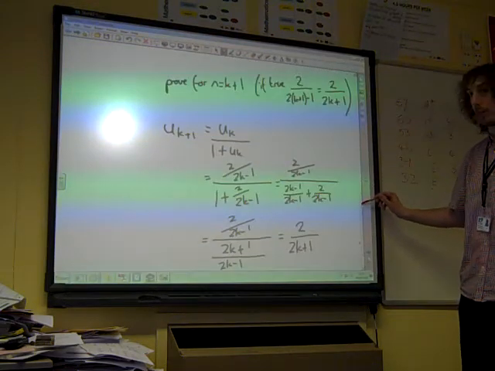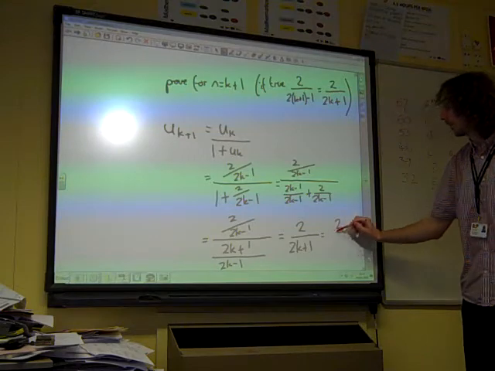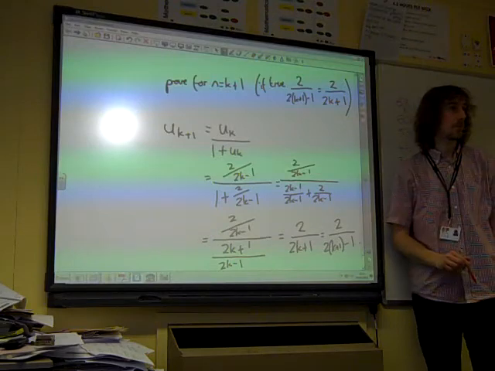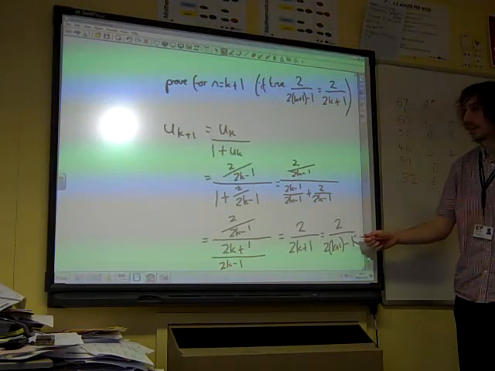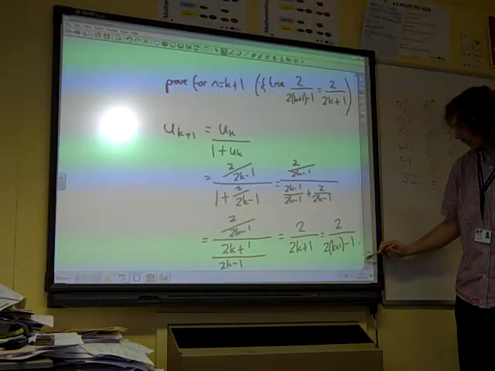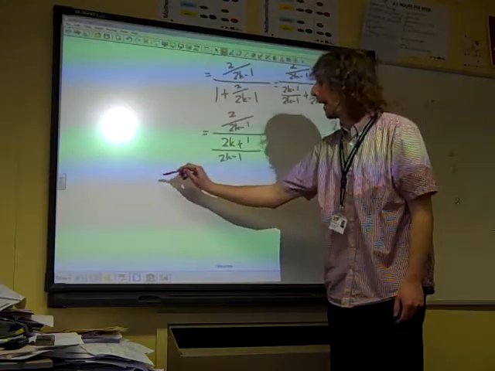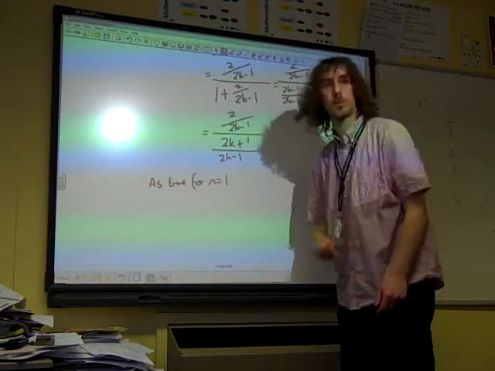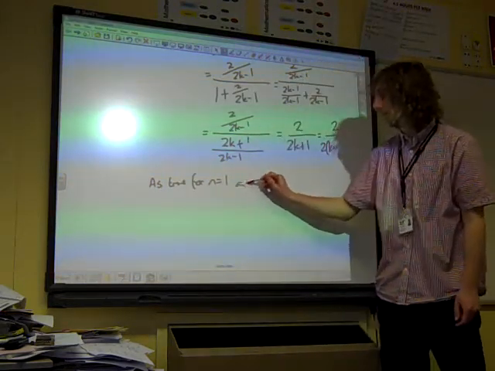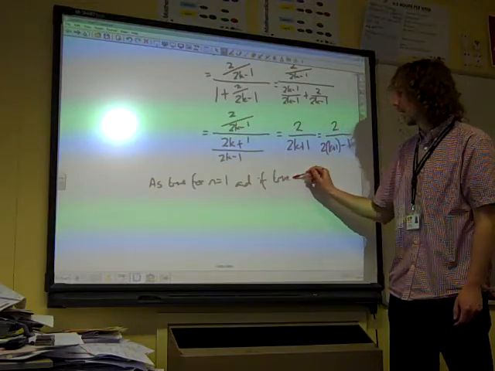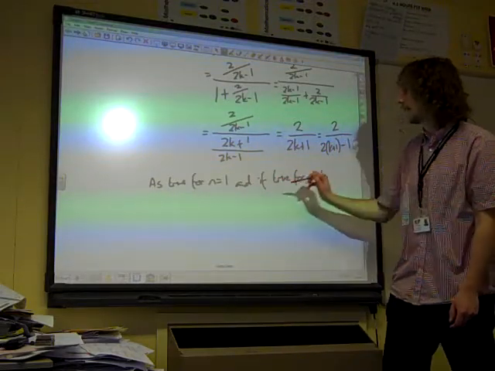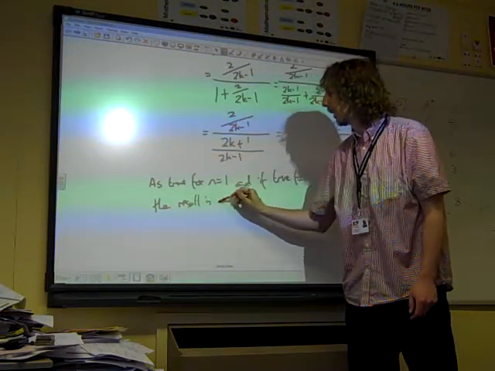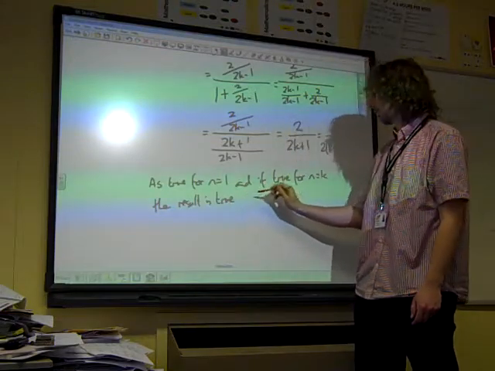Just to be absolutely clear, let's rewrite that as 2 over 2 brackets k plus 1 minus 1 to show that we've got to where we want to be. That's absolutely there. We now say, as it's true for n equals 1, and if true for n equals k, the result is true for n equals k plus 1.